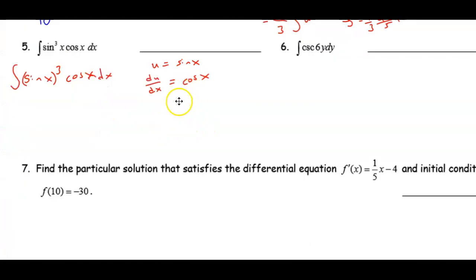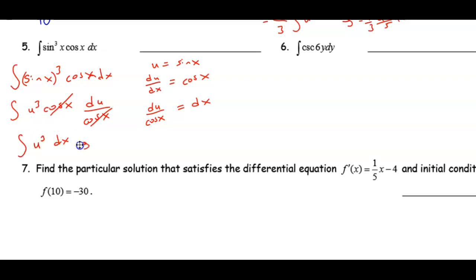All right, so du over cosine of x equals dx. And when we write this, we have u cubed, I almost made a mistake right there. Cosine of x times du over cosine of x. That substitutes for dx. And so now the cosine is going to cancel, and I'm left to integrate u cubed du.